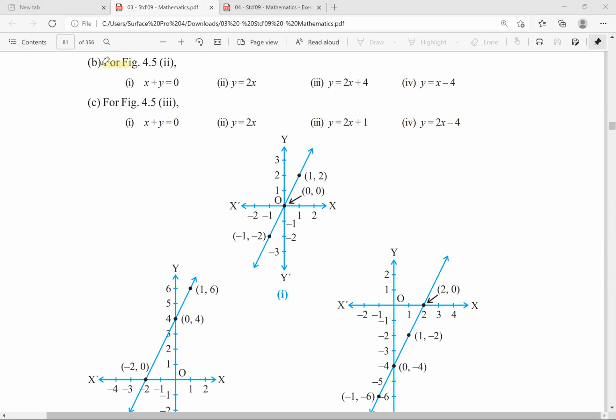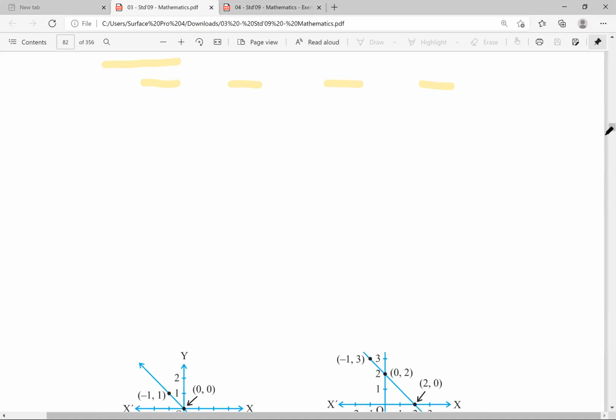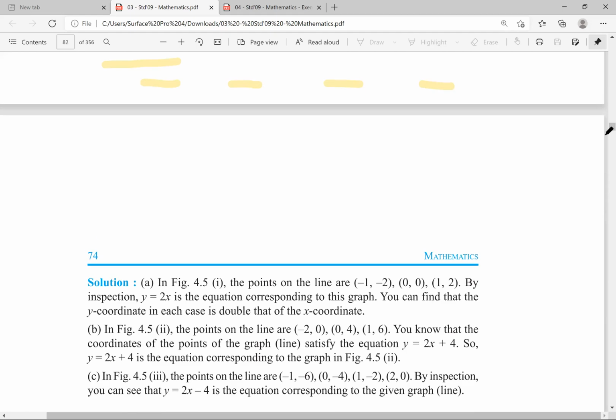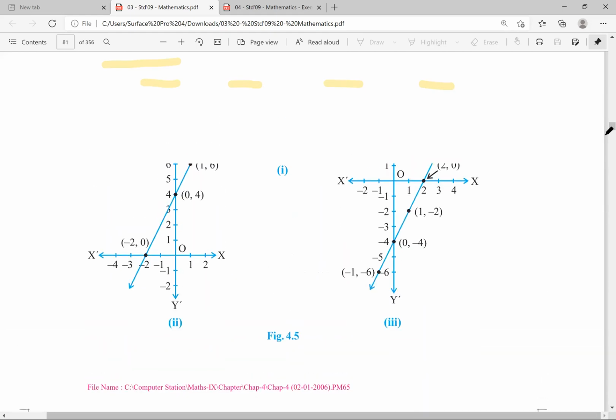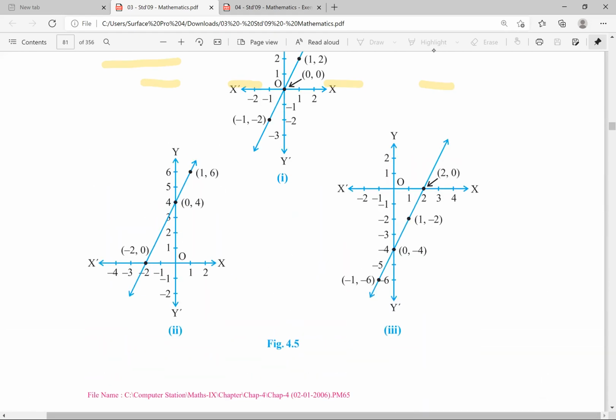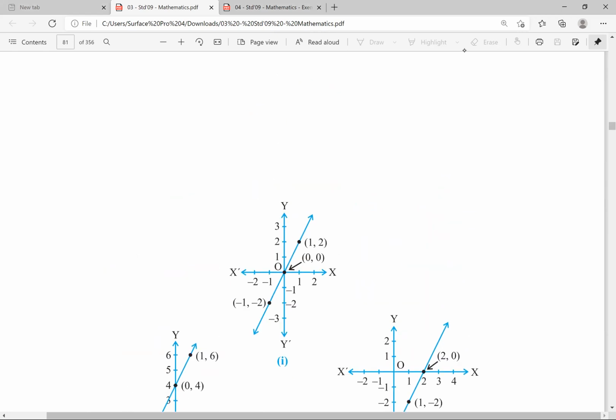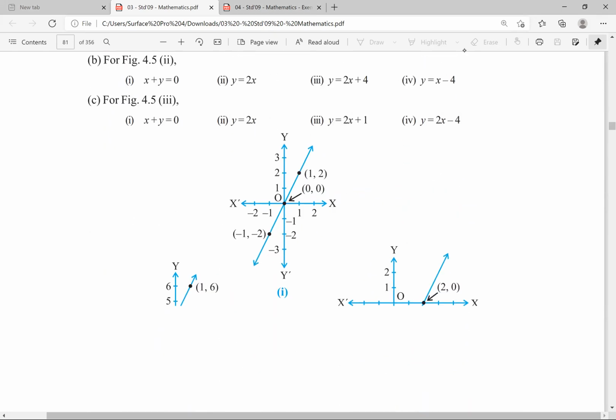Okay, so out of these four options, which is the right option for the B graph? Yeah, this graph, B, figure 2.